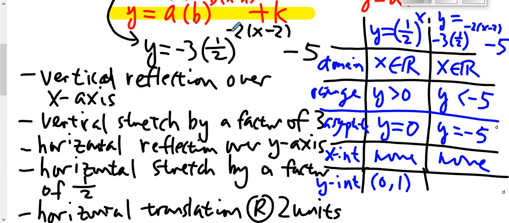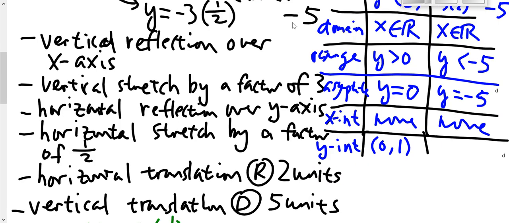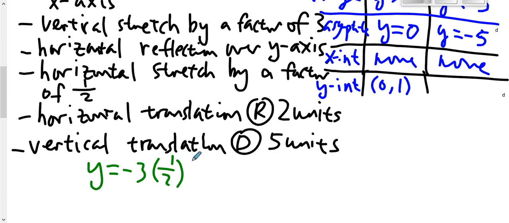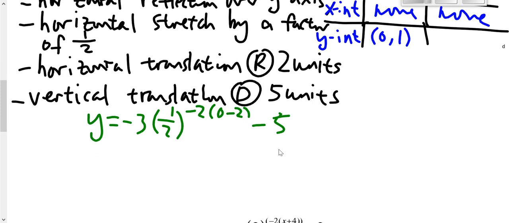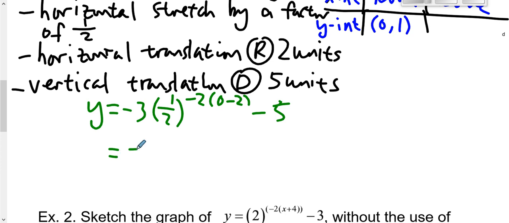Let's go back up here. -2 times (0 minus 2), because you substitute 0 for x, trying to find y, the y-intercept, and then minus 5 here. Okay, so you keep going, negative 3, and then 0 minus 2 gives you negative 2, negative 2 times negative 2 gives you positive 4, and then minus 5.